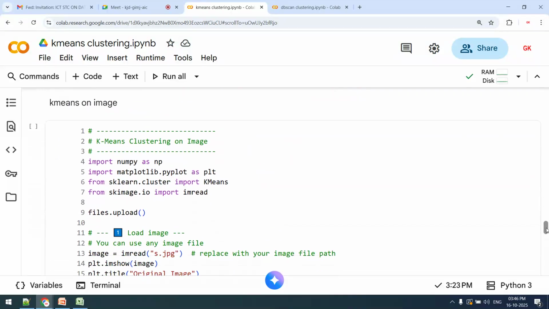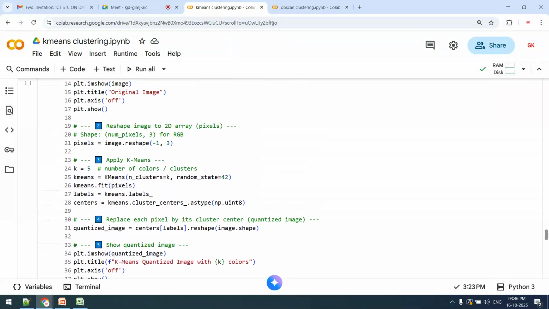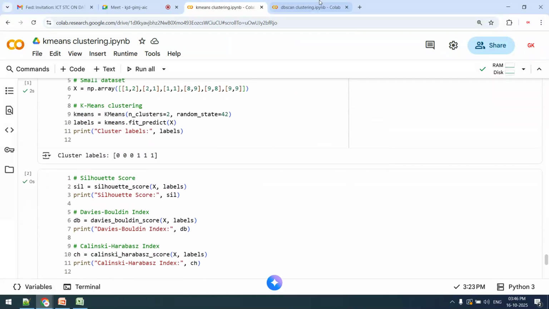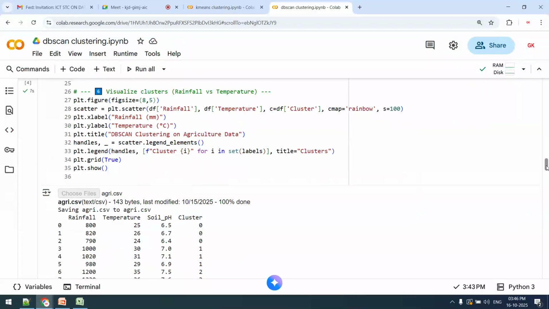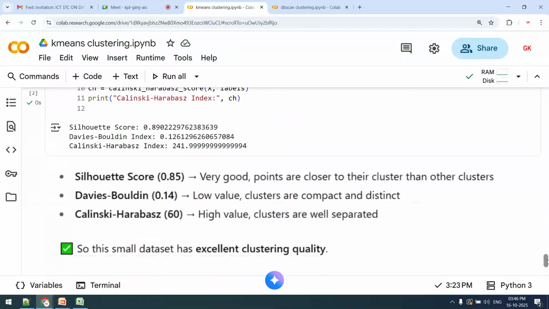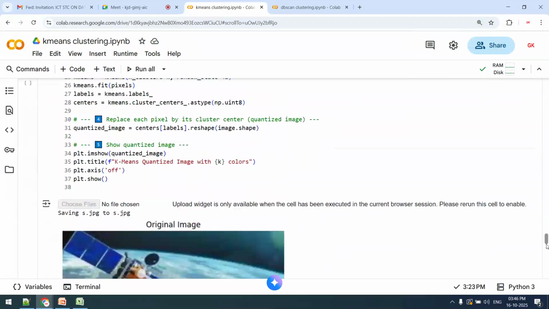We generally implement the K-means algorithm for image quantization. If you want to go for that specific scenario, all of these code snippets are available here, so you will be able to work on it.